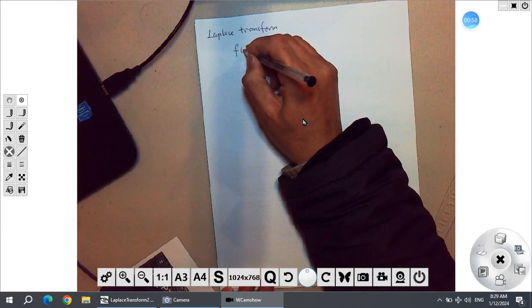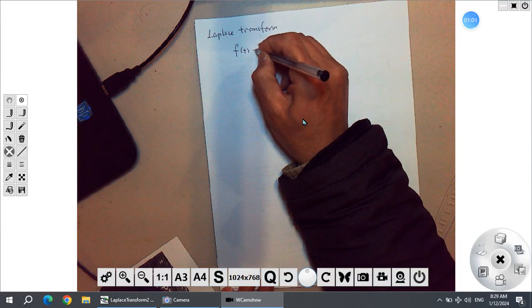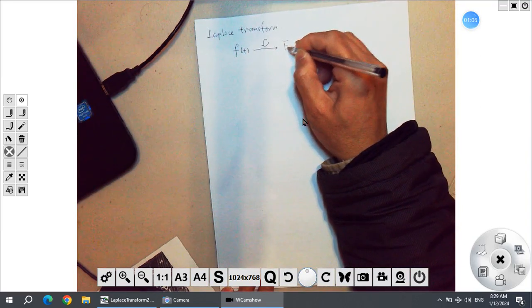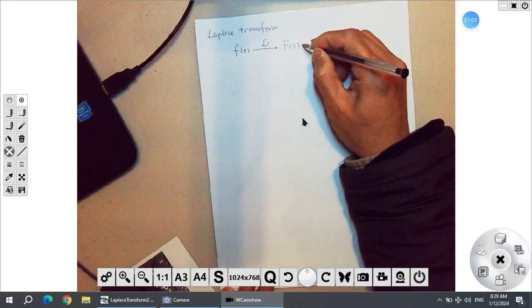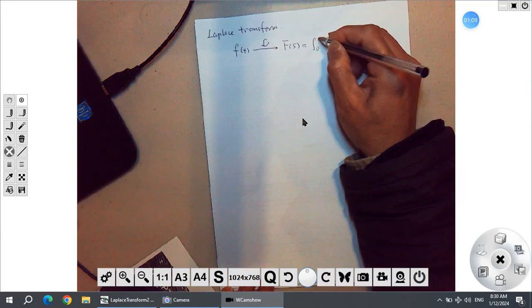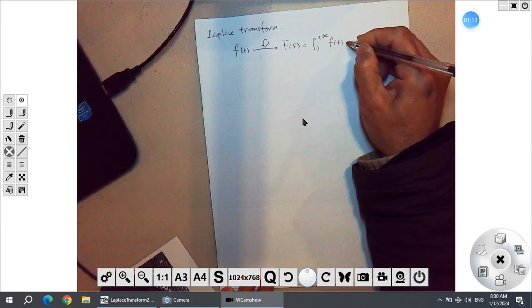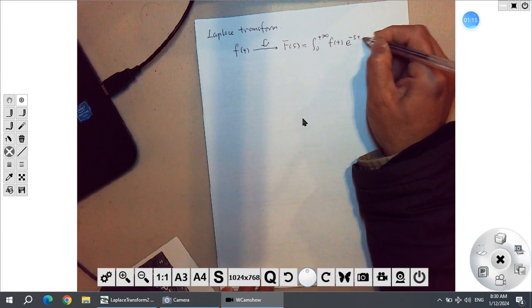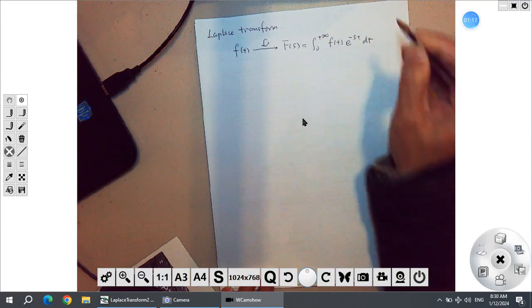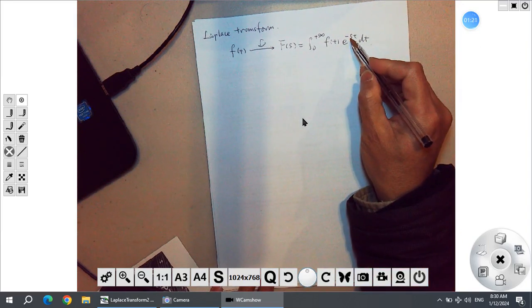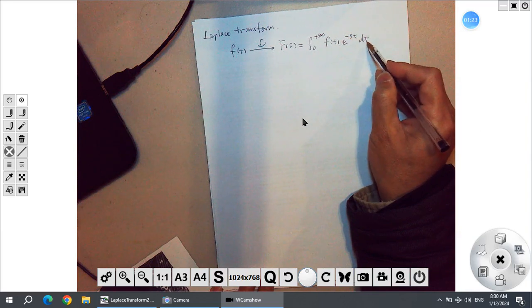We start from a signal f of t. By Laplace transform, we have a function F of s, which equals the integration of f of t times e to the negative st dt. So after the transform, we have a function of s. Here s is the new variable, and t is used in the integral.